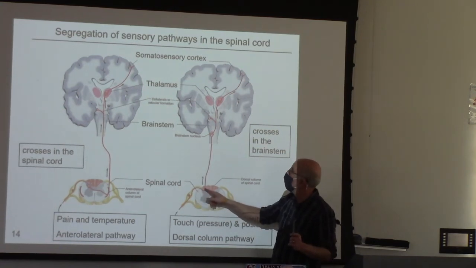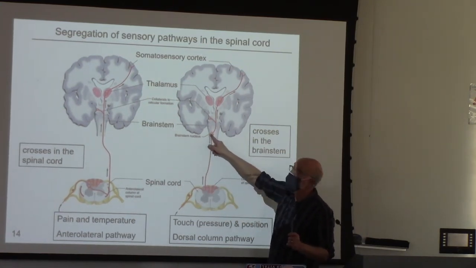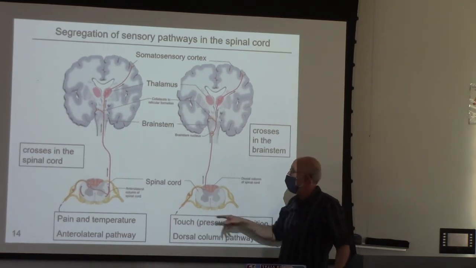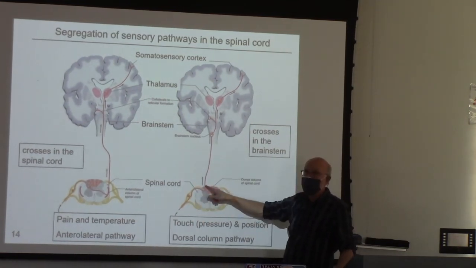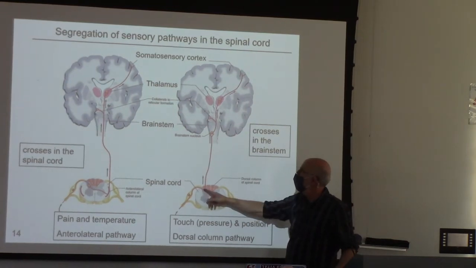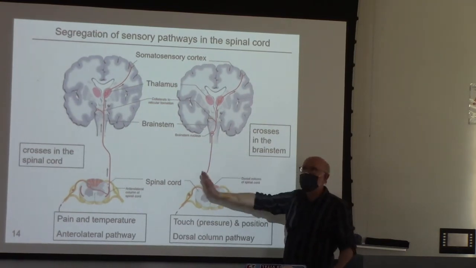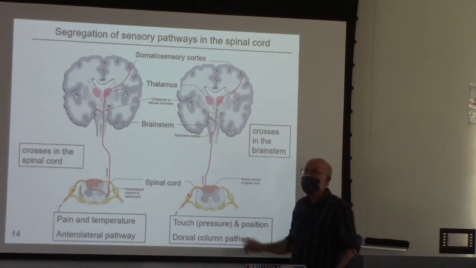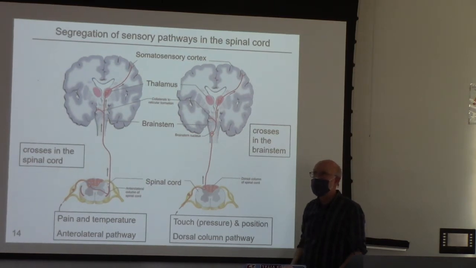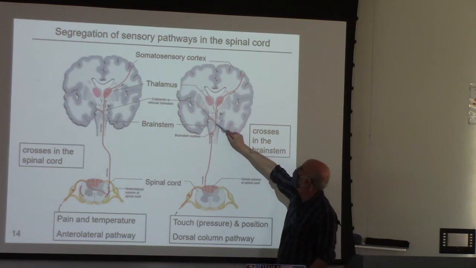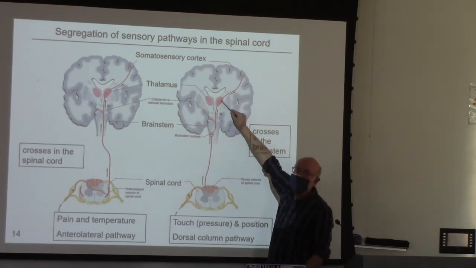Its axon goes up to the brainstem. So the first synapse in the touch pressure pathway is in the brainstem, the medulla. And it is on the ipsilateral side, because it has not crossed over yet. It crosses over in the brainstem and goes to the contralateral thalamus.